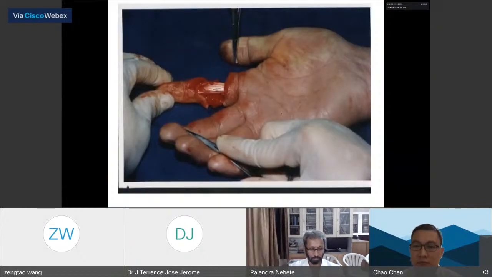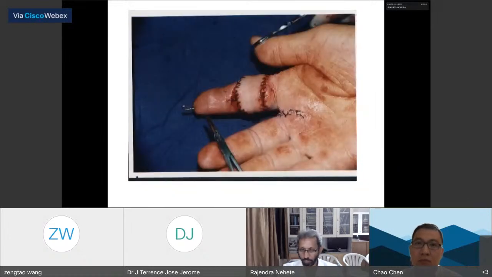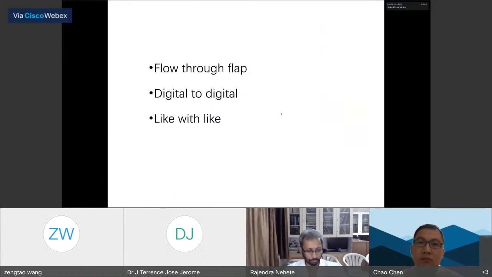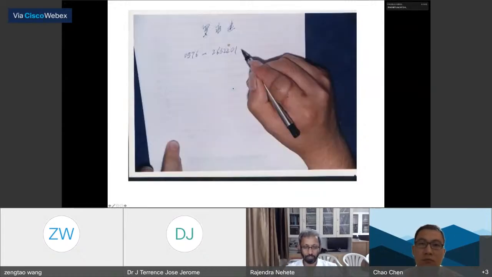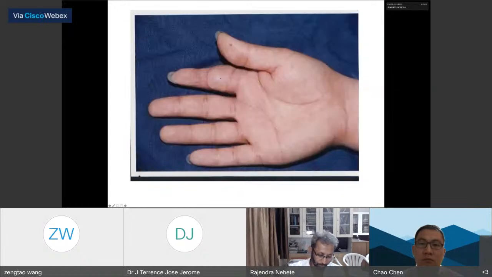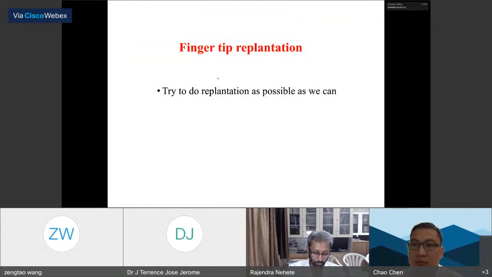For this case, C flap, digital artery like a flow-through flap, and the dorsal skin, like the finger dorsal skin, and the wall skin, like fingertip replantation.